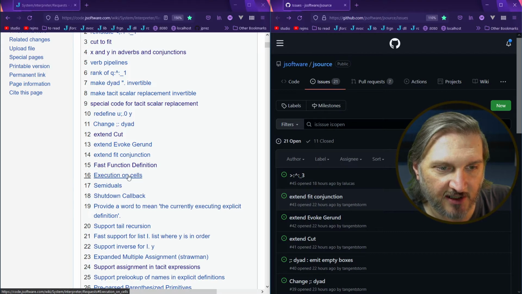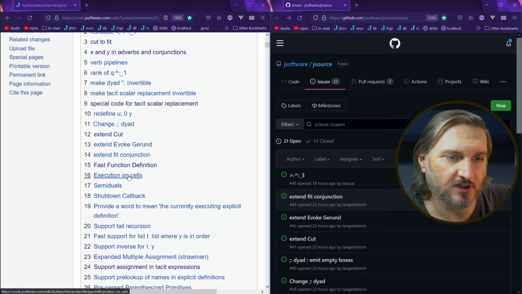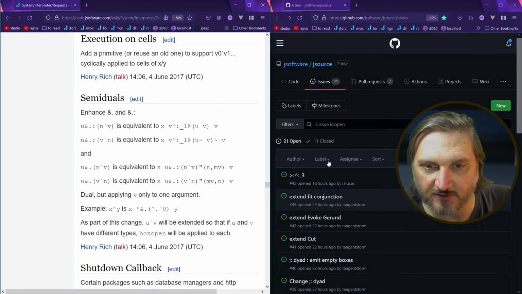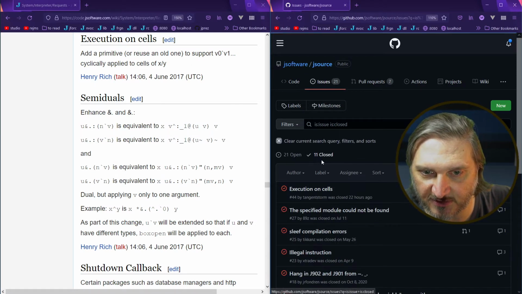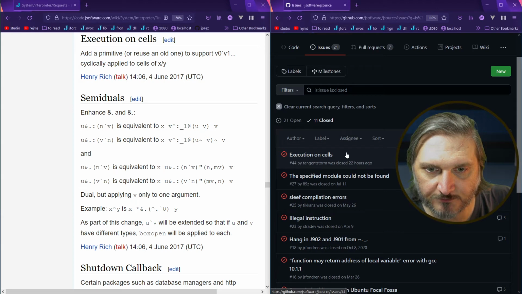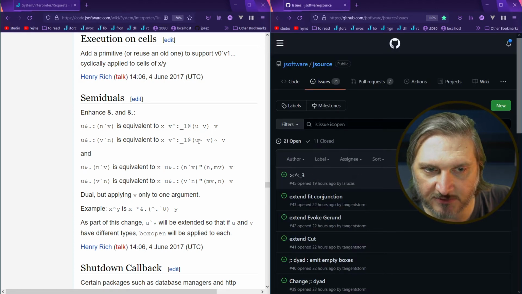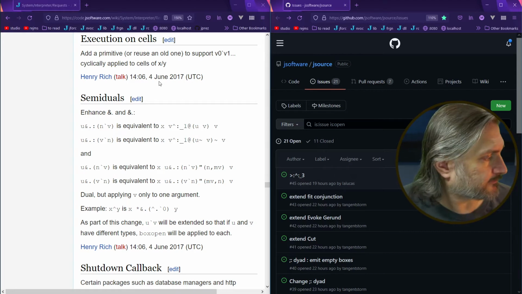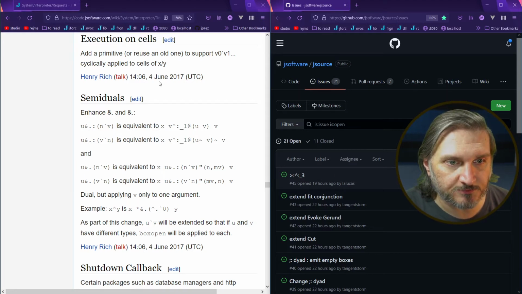And then I posted this one, and that one is also implemented. And so there's a closed issue here. So that's this one. I talked about that already. So now we are on to, excuse me, semi-duals.